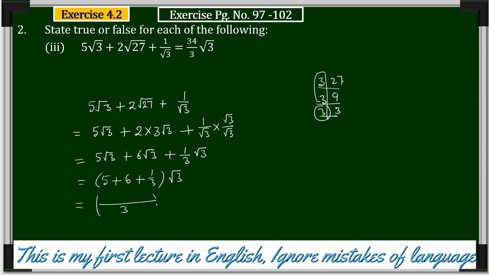So it is 15 plus 18 plus 1 over 3 root 3. 15 plus 15 is 30, 33, 34. So it is 34 upon 3 root 3. That is the same as the RHS. So I can say that this statement is true.